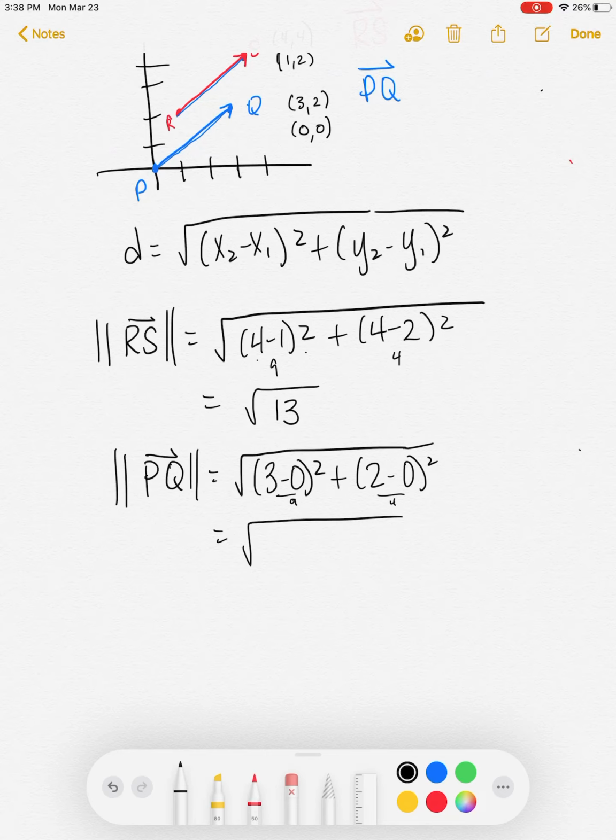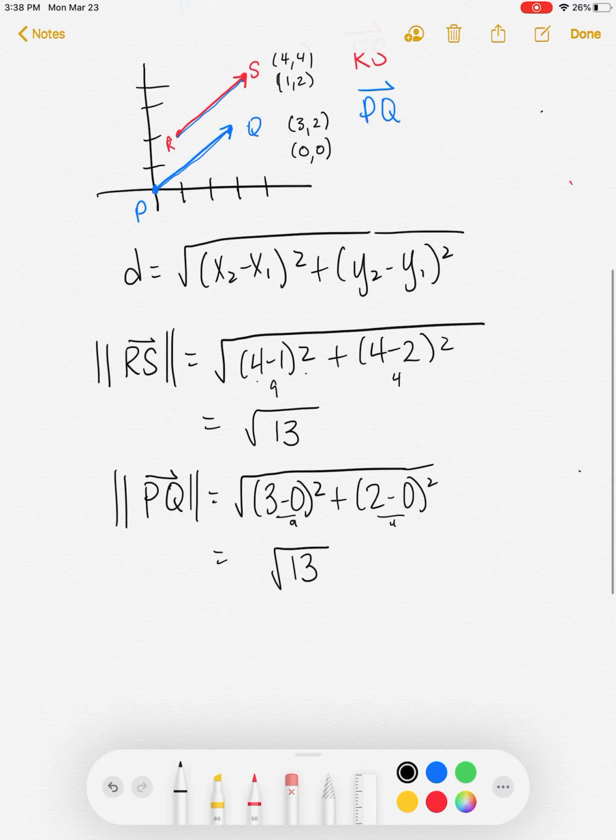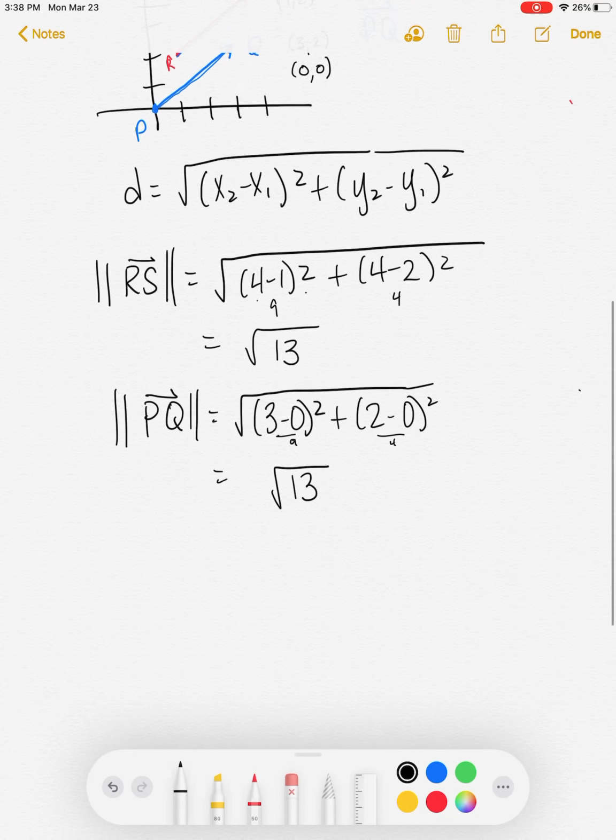And then 2 minus 0 is 2, 2 squared is 4. So the square root of 13. So they have the very same magnitude, and they go in the same direction.